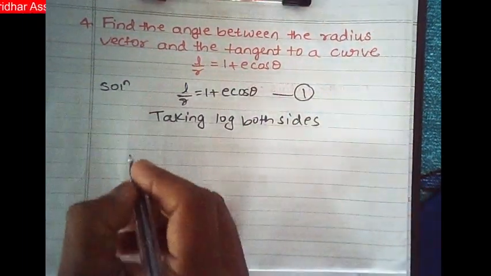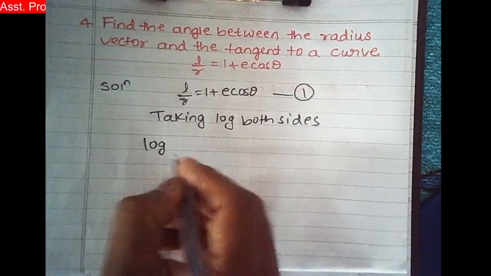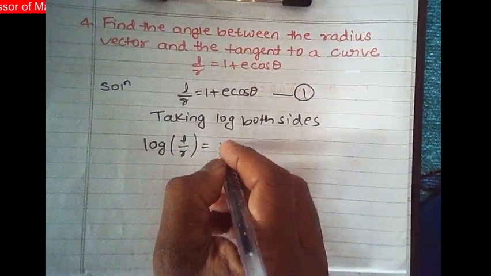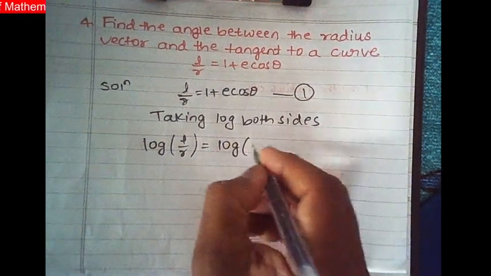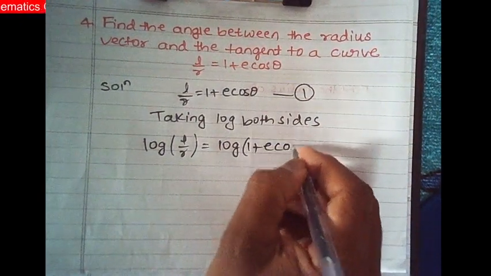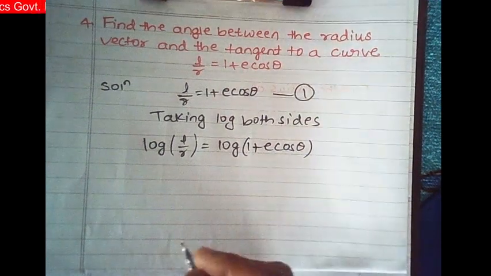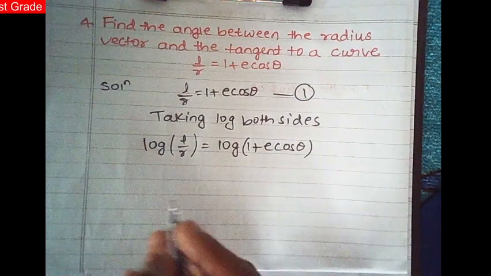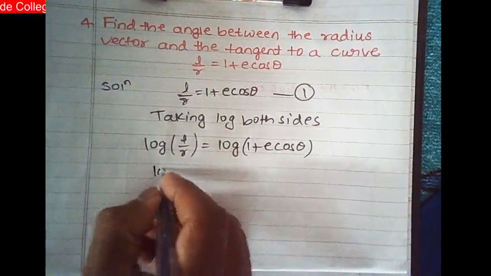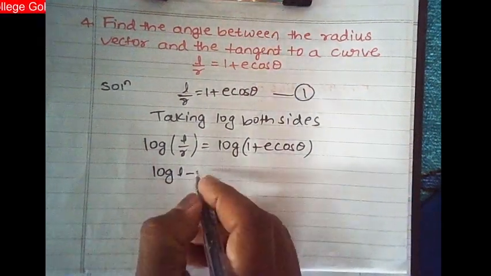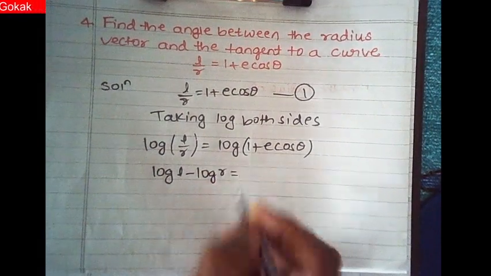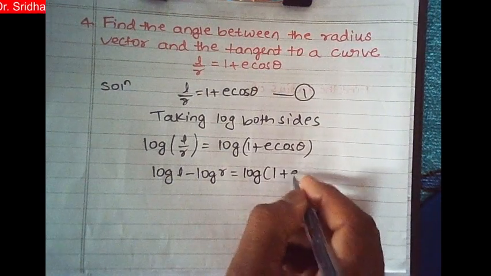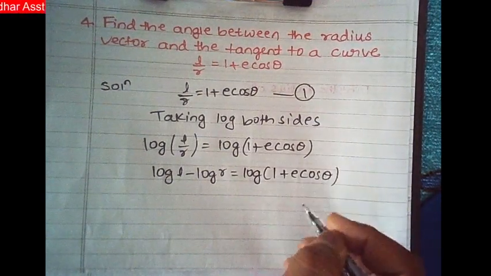Then we get log of l/r = log of (1 + e cos theta). This is the log a/b formula, so it can be written as log l minus log r, and this is the same as log of (1 + e cos theta).